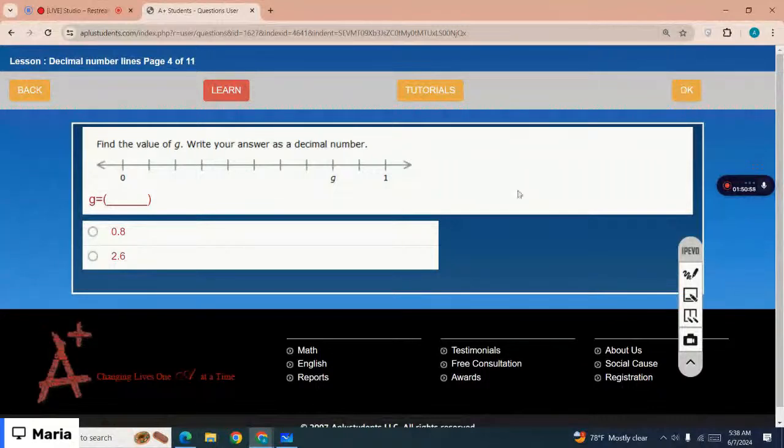The correct option is 0.8. Option number 1 is the correct option.